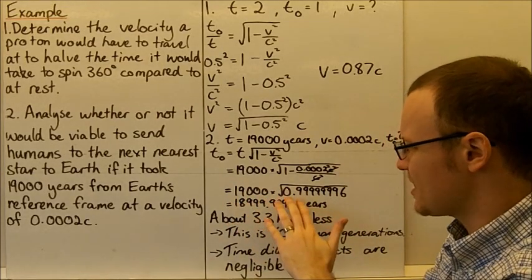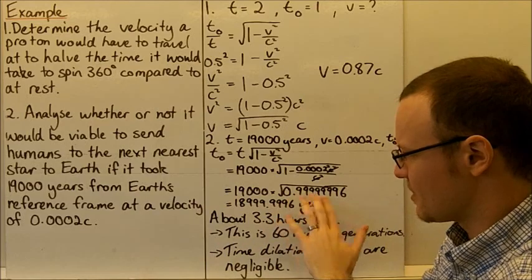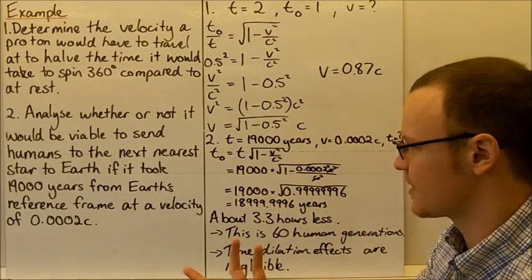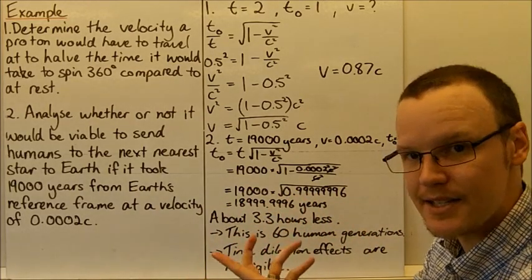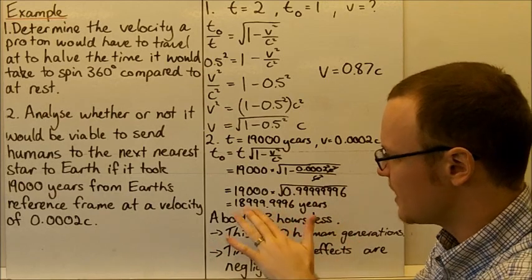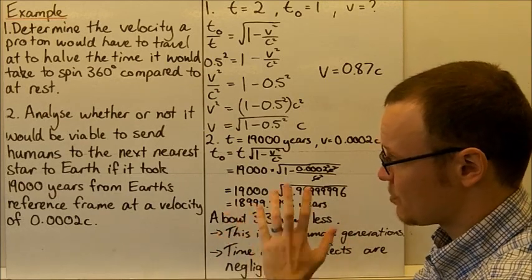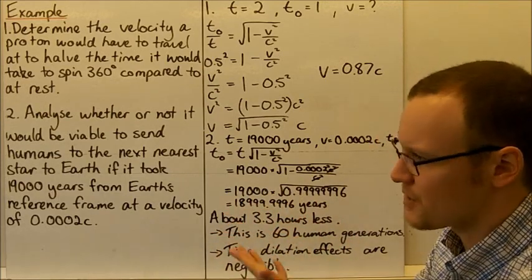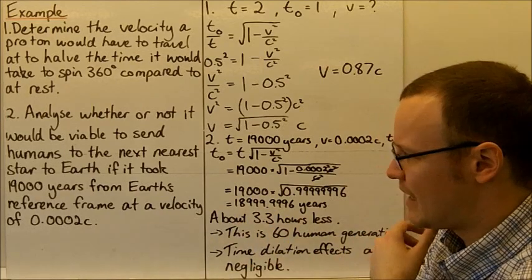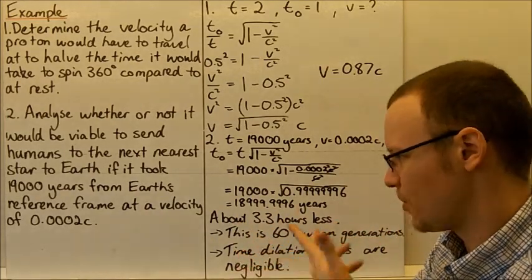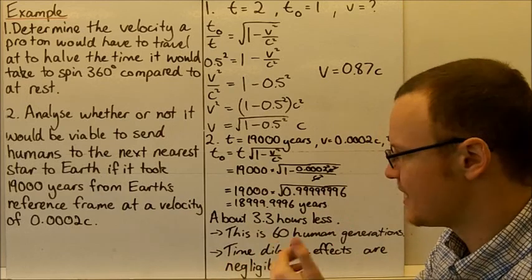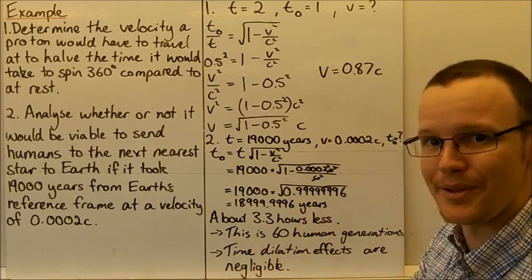So you can just see how insignificant the Lorentz factor is going to come out as in this instance with such a low velocity, and we can see that the actual proper time that it's going to take the travellers on this spaceship is going to be 18,999.9996 years. It's a difference of about 3.3 hours.